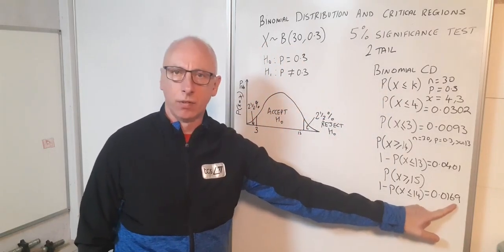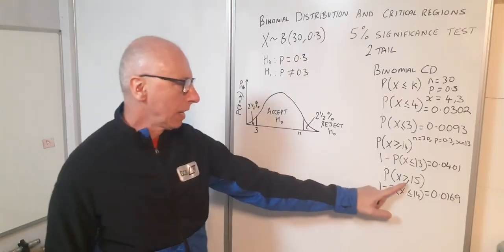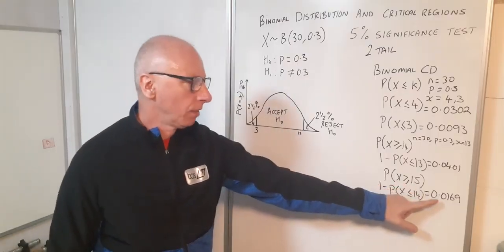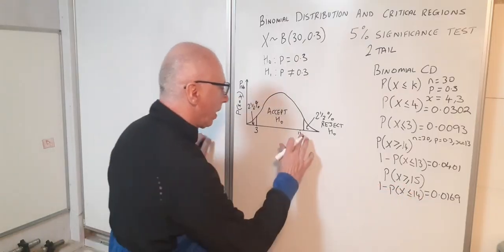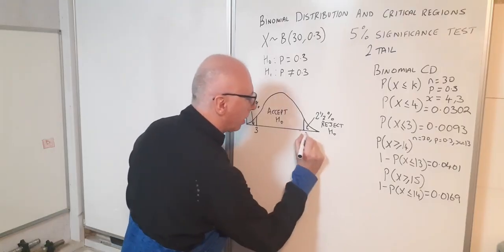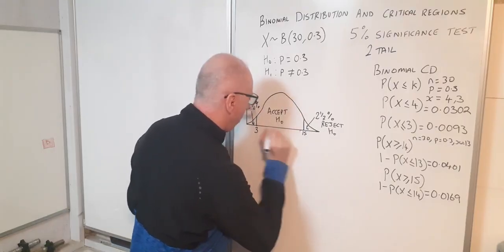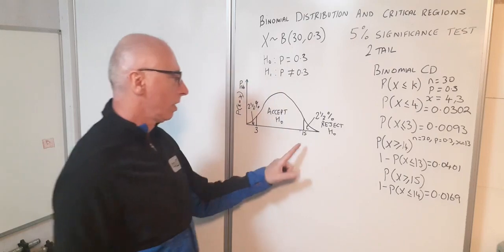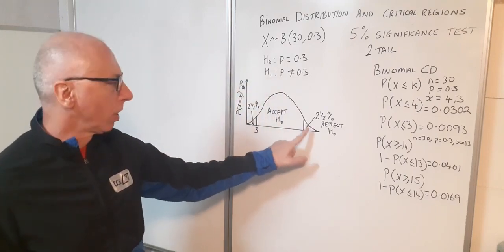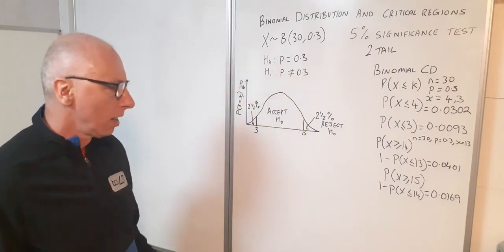So that's ideal for us. So probability X is greater than or equal to 15 falls in our critical region. So that means that this value here is going to be 15 on that line there. So that's going to be our critical region, including these lines here.